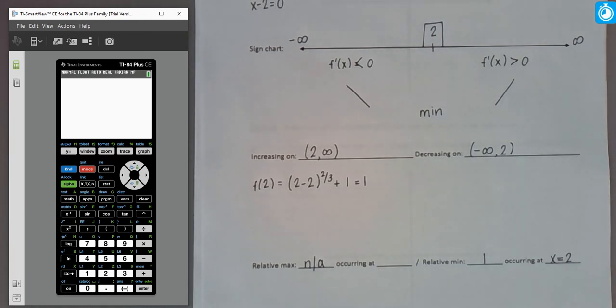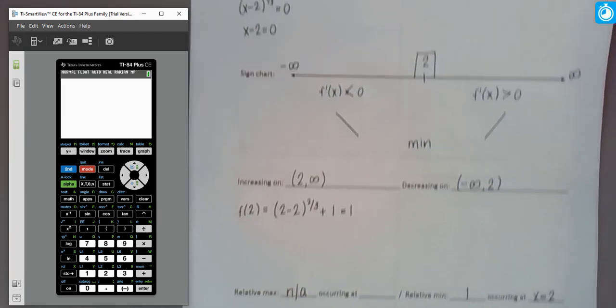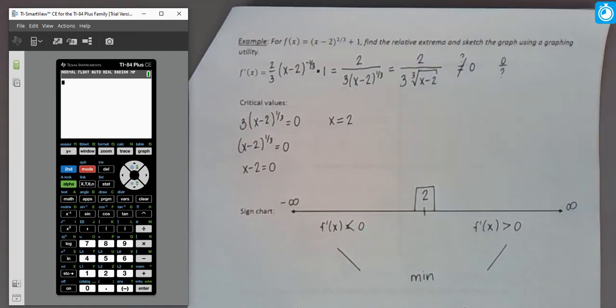So now let's graph the function and verify this, see what this looks like on this actual graph. Remember, this is the function representing the derivative, so let's clear that out. And then our actual function is x minus 2 raised to the 2/3 power, and then to that we are adding 1.